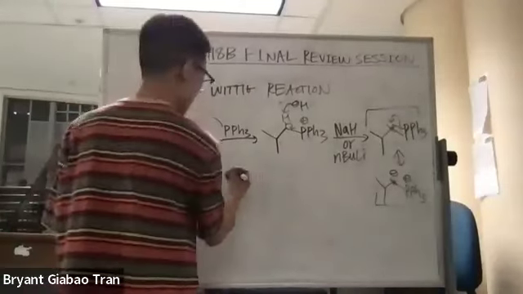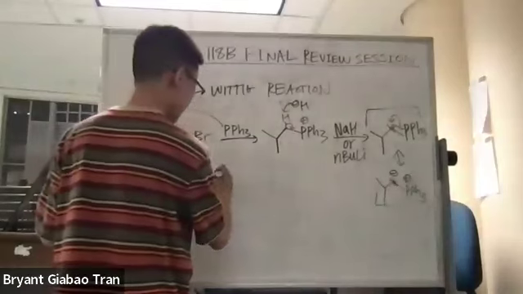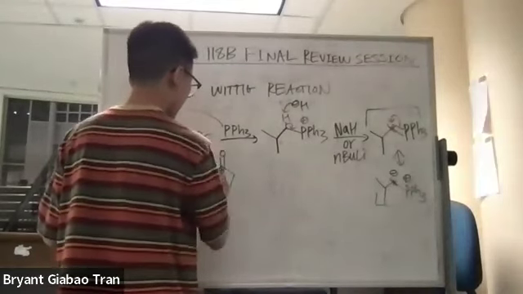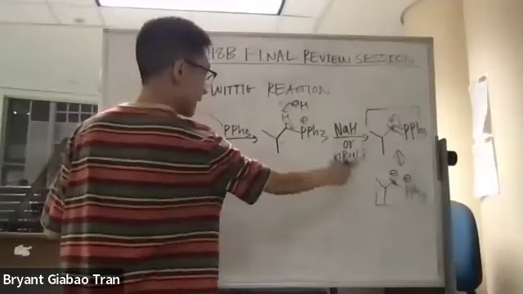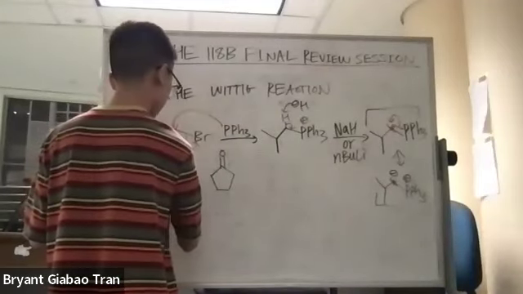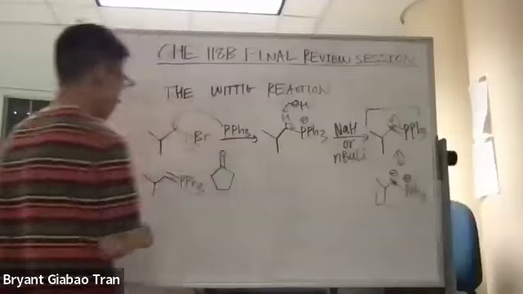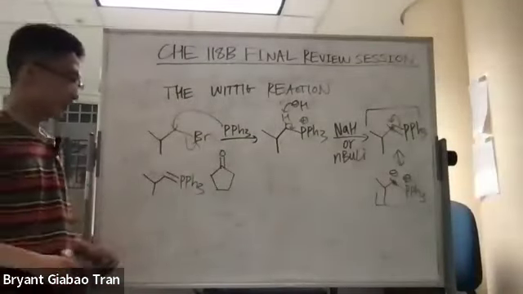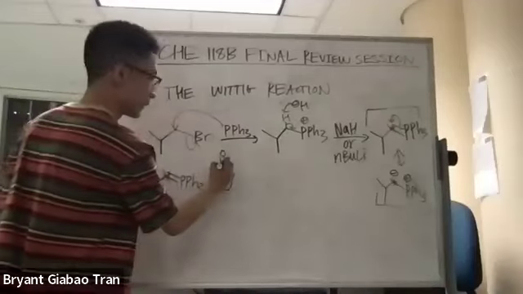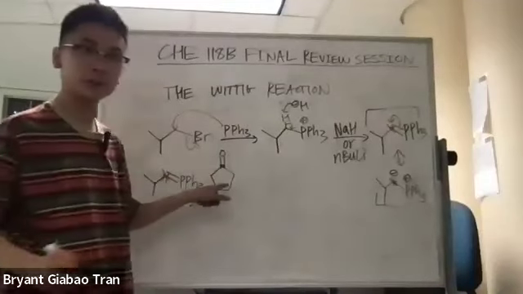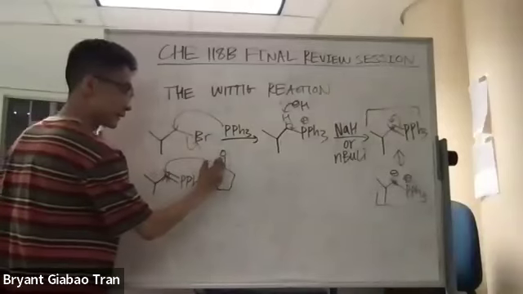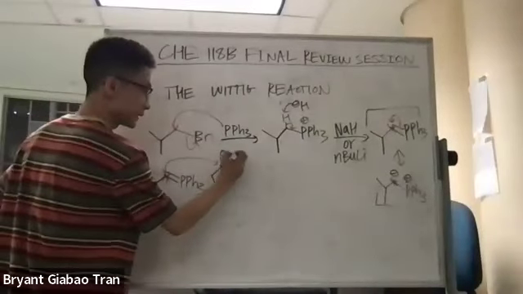So let's just introduce some kind of carbonyl like this cyclopentanone here. And let's get that ylide that we just formed at the first step here. First, identify your nucleophile, which is this ylide carbon here, and then the electrophilic carbon, which is that carbonyl carbon right there. This nucleophilic carbon here will attack that electrophilic carbon and then pop that double bond onto oxygen right there.